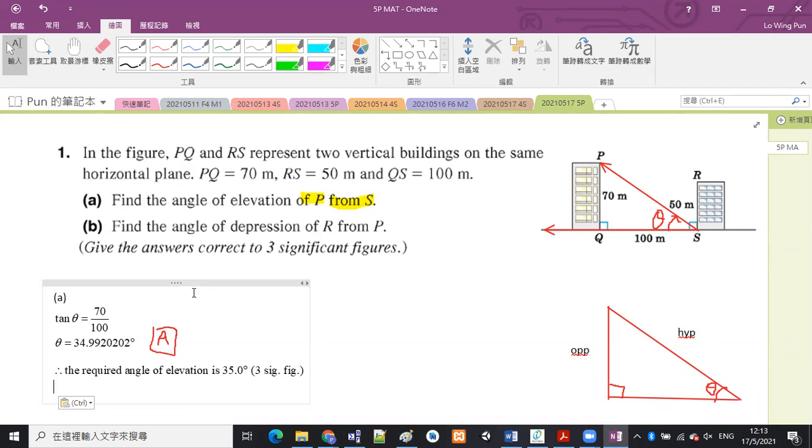For example, if I want to look at that school bag, I need to turn my eyesight downwards until it points to that point. Then the angle from horizontal to that direction that I turn is the angle of depression.